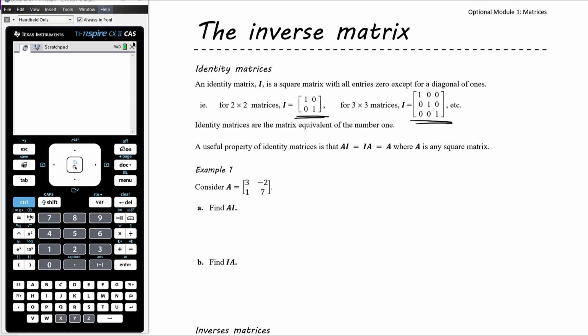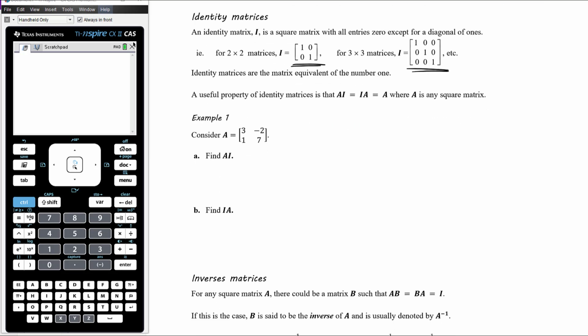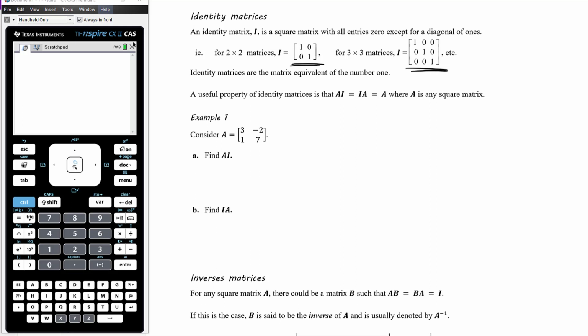Okay, so let's just show that that's true for this particular matrix. So let's just do a 2 by 2. So if our matrix is 3, negative 2, 1, 7, we want to find A times I. And obviously, in order for the multiplication to work, that identity matrix would need to be a 2 by 2 matrix. So A, which is 3, negative 2, 1, 7, and we're multiplying that by a 2 by 2 identity matrix.